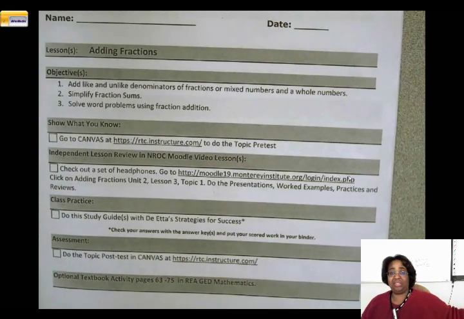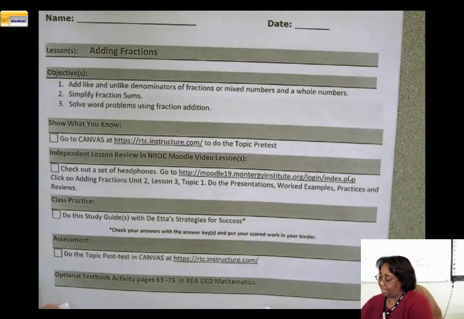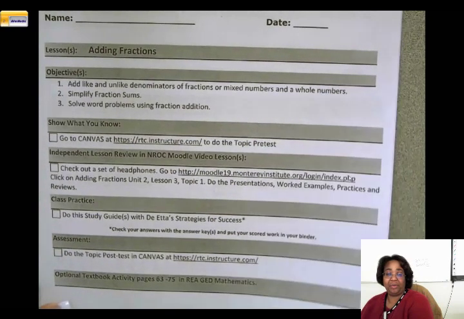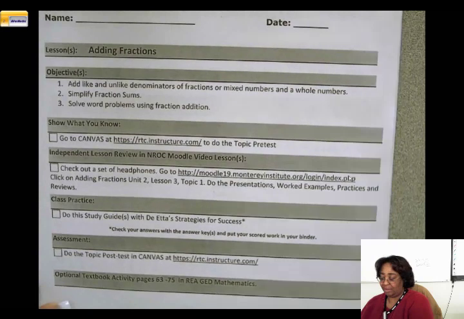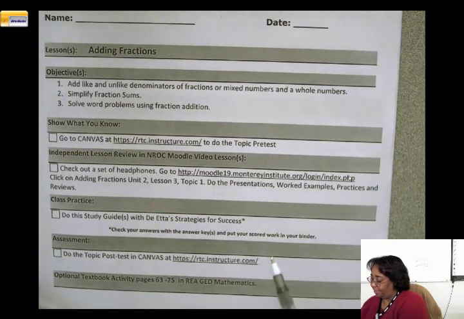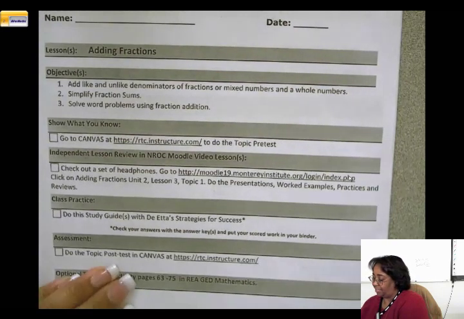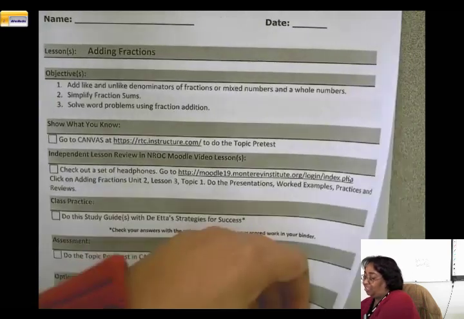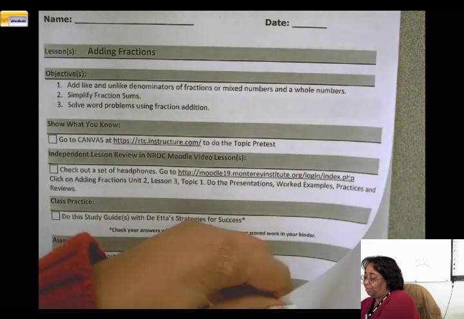I do have the answer key in your binder that says ABE answer key. And then once you finish that, you need to do the pre-test and the post-test in Canvas right here at rtcinstructure.com, and you need to score 80% or better on those.